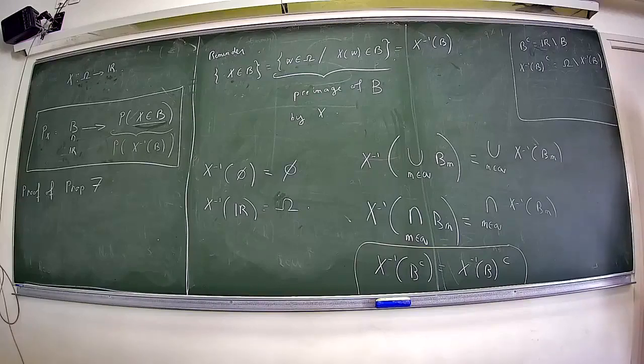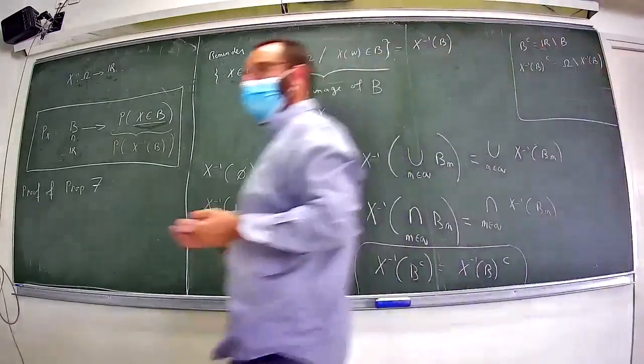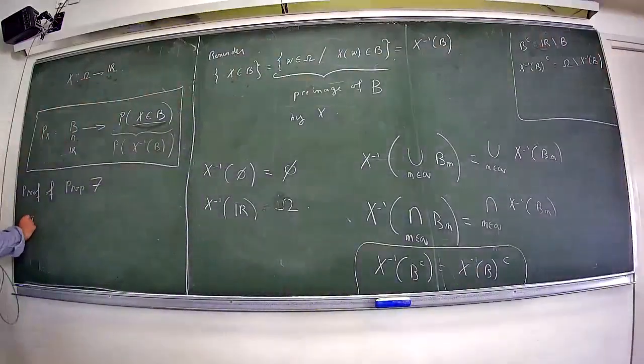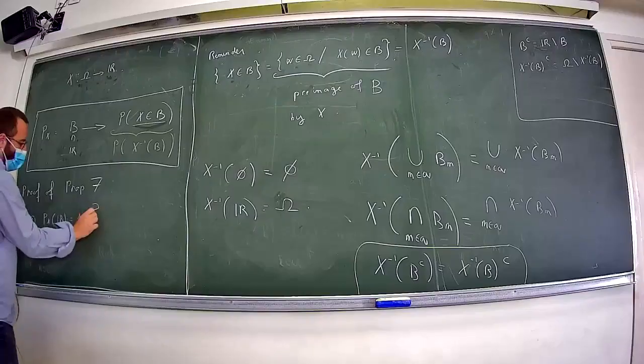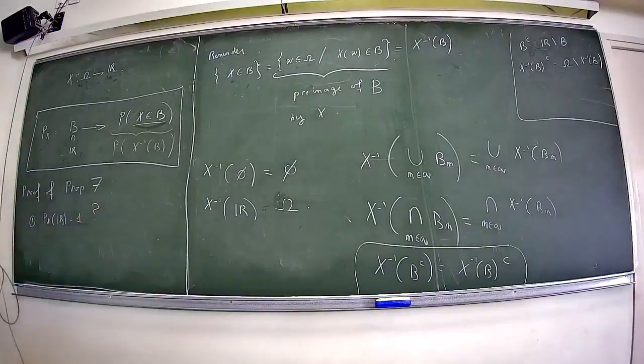So P of the universe has to be equal to 1. What is the universe here? R. Okay? So the first thing I have to prove, I agree with you, is Px of R is equal to 1. It's what I have to prove.